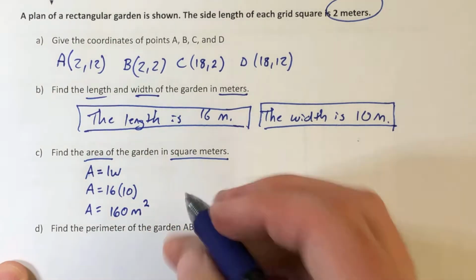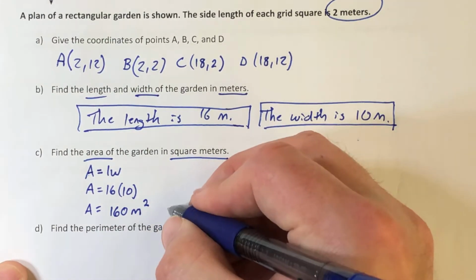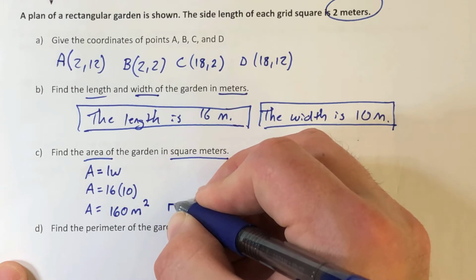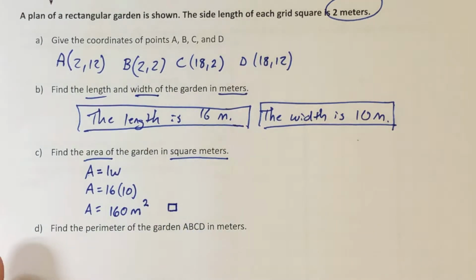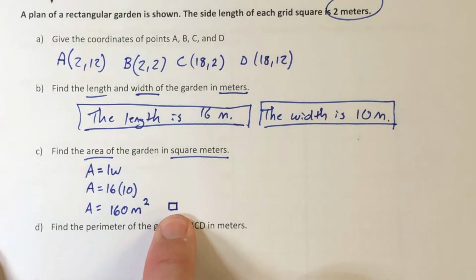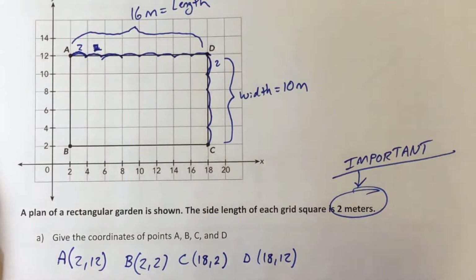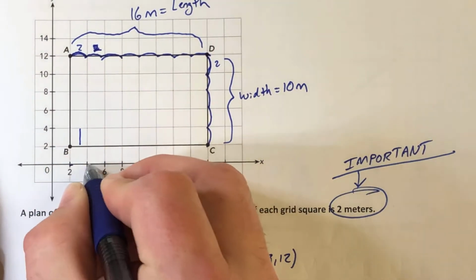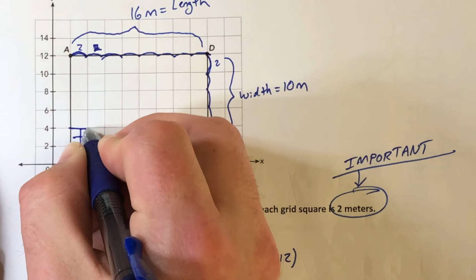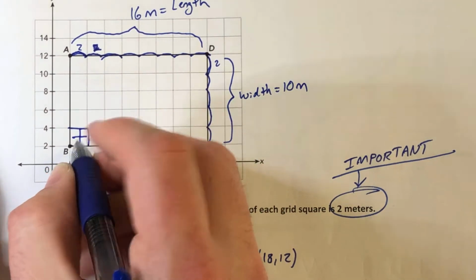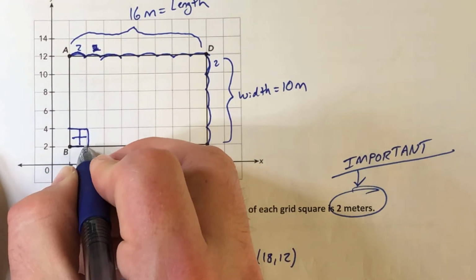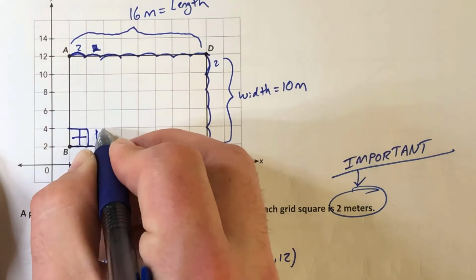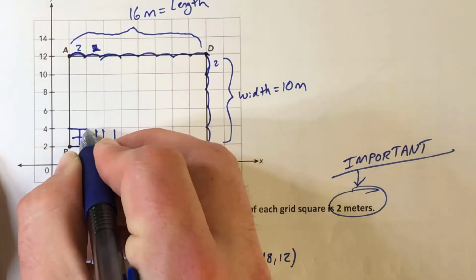Now, what does this mean? This means that garden has 160 squares the size of a meter. A meter is much bigger than that, obviously. So imagine everything is, because this is counting by twos, you essentially have 1 meter there, 1 meter there, another meter, and so forth.